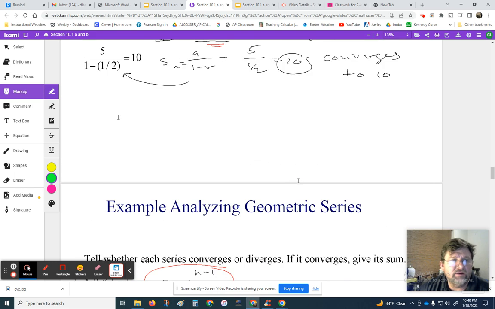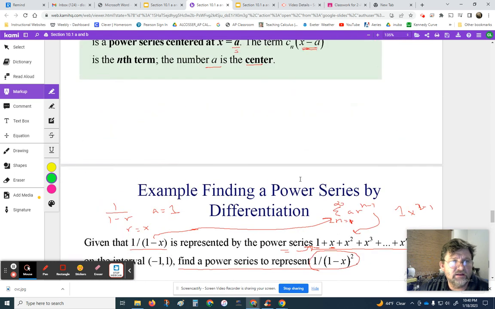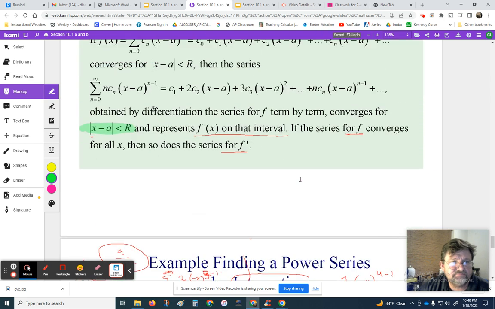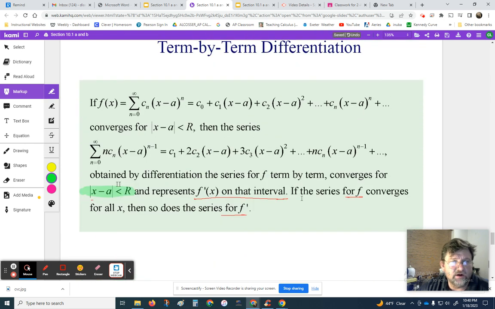Now, if we go back down to where we were and we have x minus a, this is what we're dealing with, and that has to be less than or equal to r. So the absolute value of that gives us our center piece, right? And it converges to that specific spot. So that's what we're talking about, the convergence.